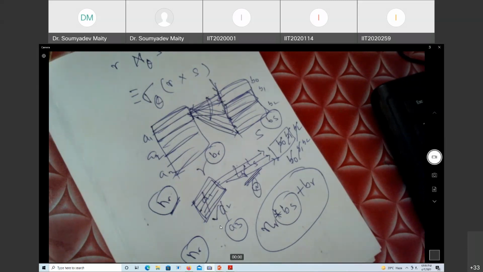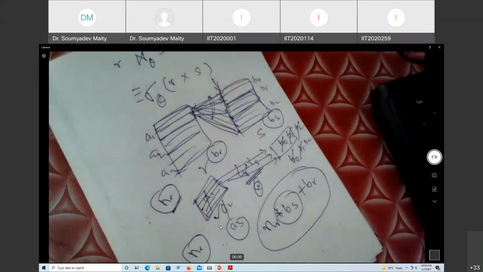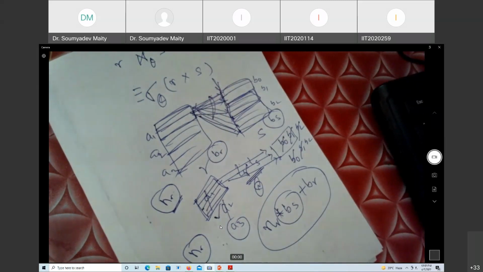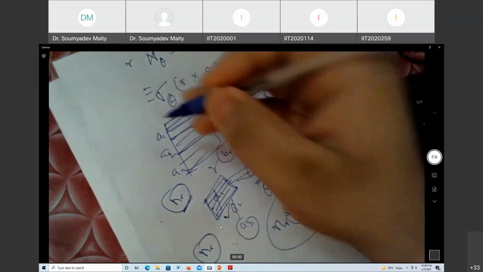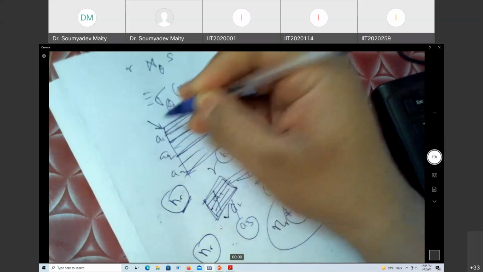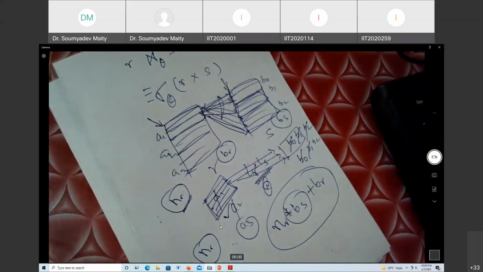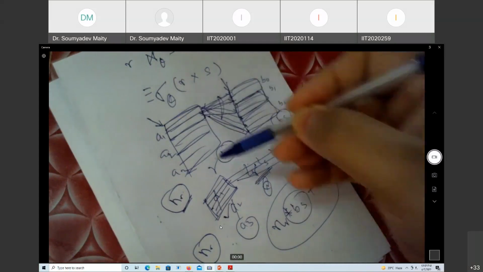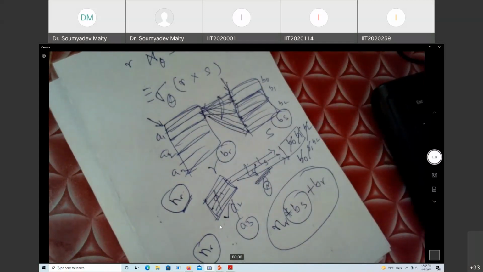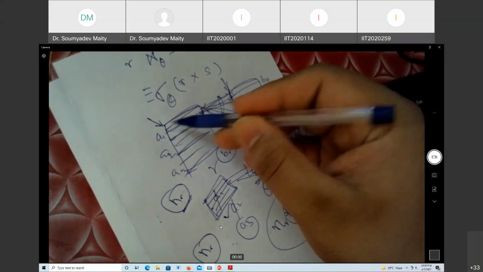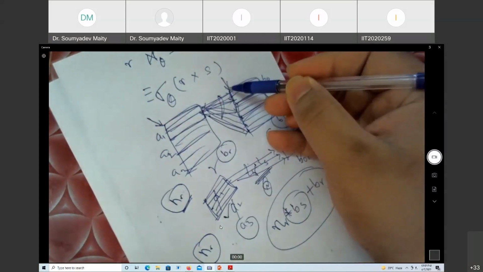And to read this file, how many seeks will be required? If you are guessing that only one seek will be required, that is wrong. Why? Because for the first time you set the head here. As I said, if in between it is not displaced anywhere, then no more seeks will be required to read the successive blocks. But what happened after reading this block, your head moved to this place.